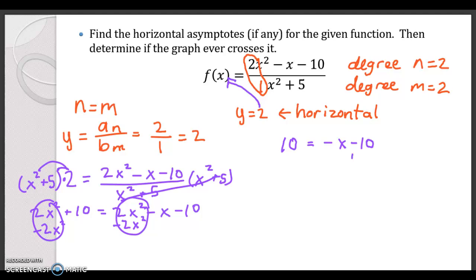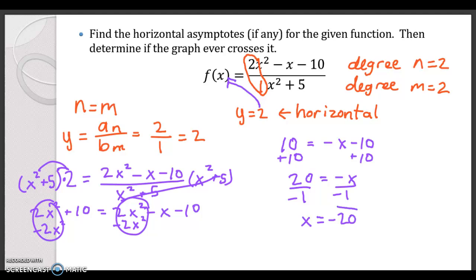Let's go ahead and add 10 to both sides. So this means 20 equals negative x, or the opposite of x. Divide by negative 1. So at what x value do I get an output of 2?